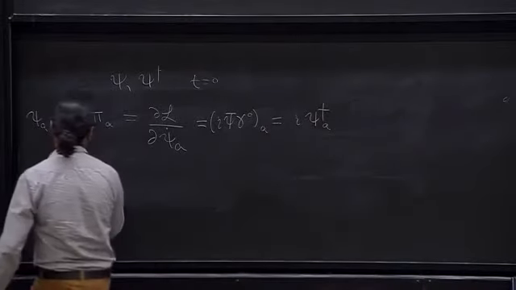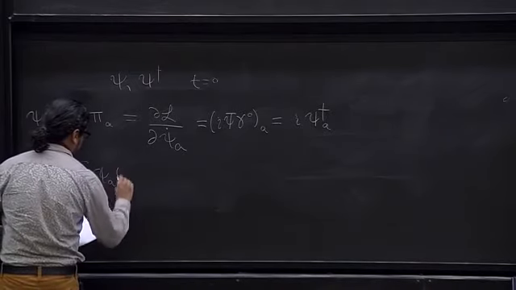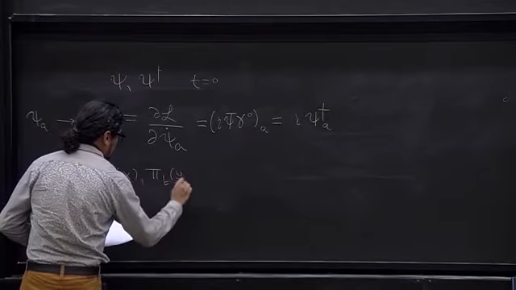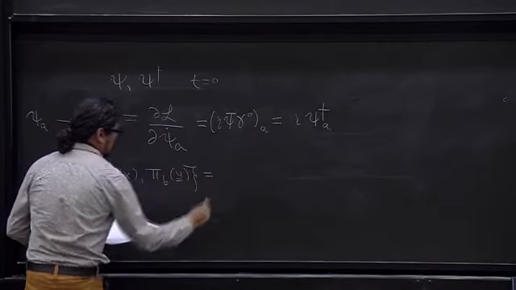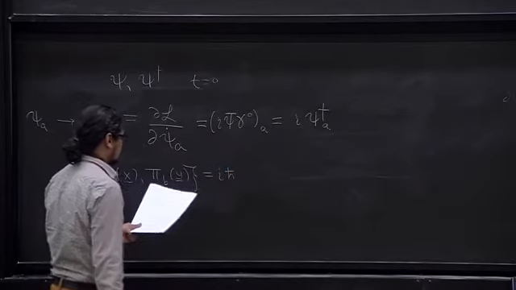Then the anti-commutation relationship that we impose is, and let me just for the moment reinstate h bar.